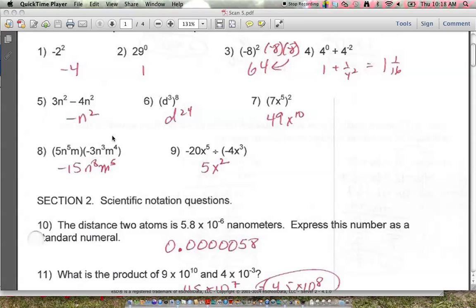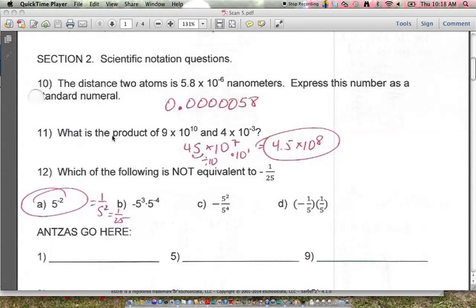I can go now? Okay, good. Here's 10 through 12.